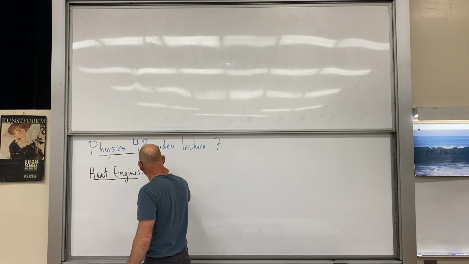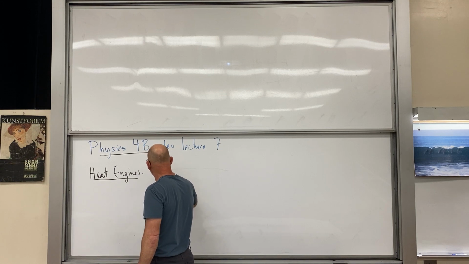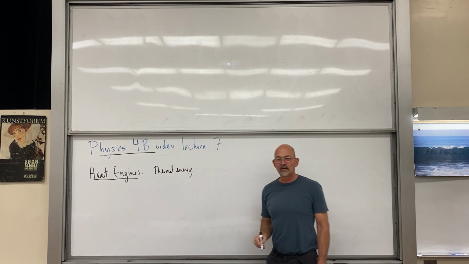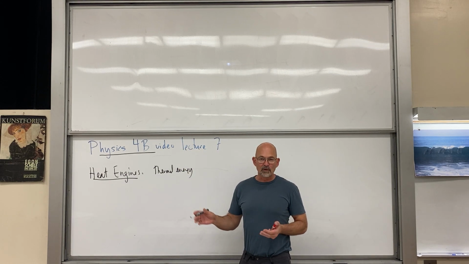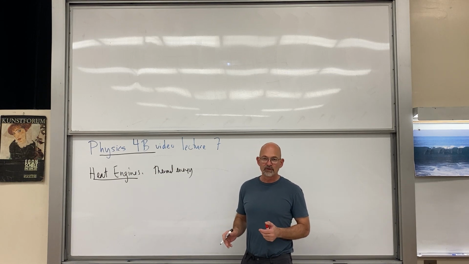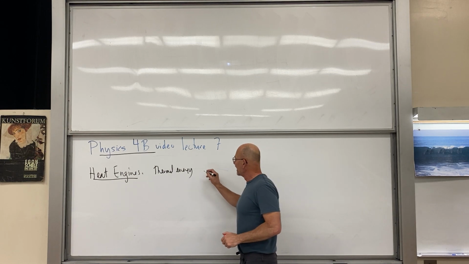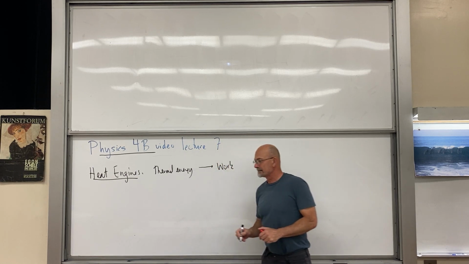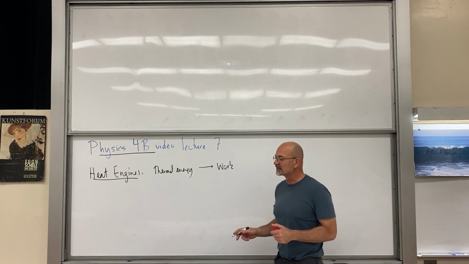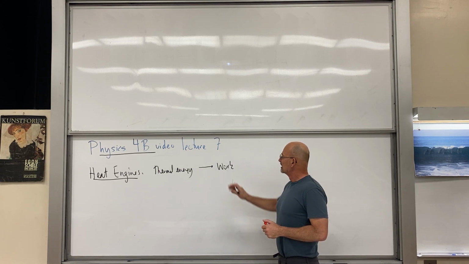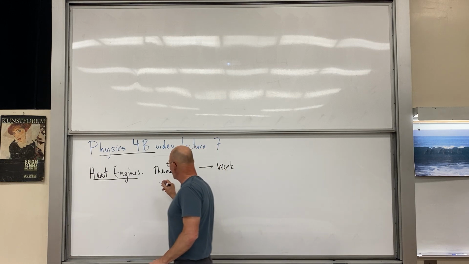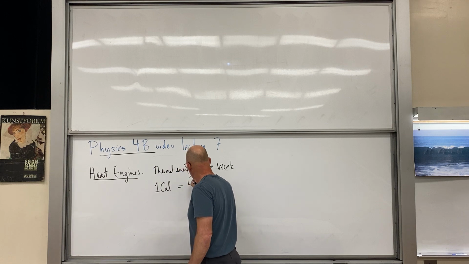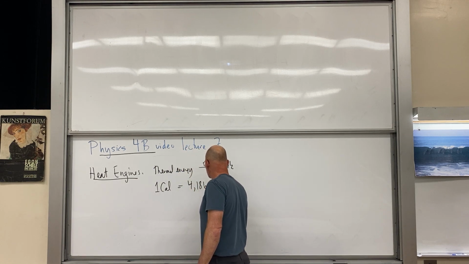The idea is to take thermal energy. For example, fuel has so and so many calories per gram, or kilojoules, whatever units you want to use per gram. And we want to obtain useful work, in driving a car, doing other things like that. We also know that one calorie is 4,186 joules.